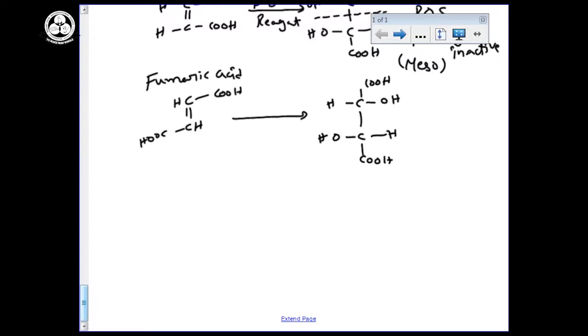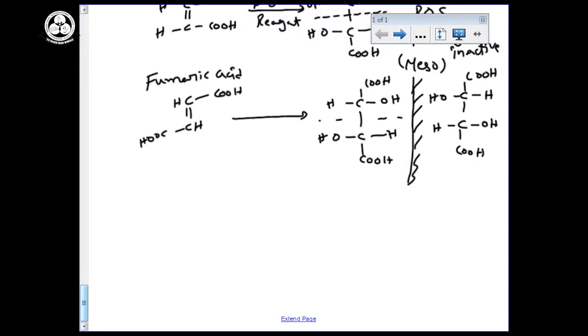Here a plane of symmetry is not possible. See, if I cut like this in the middle, the above and below parts are not the same. The above part has hydrogen on the left and OH on the right, and the below part has OH on the left and H on the right. So a mirror image is possible: C H OH COOH and this is C OH H COOH. So now these are non-superimposable mirror images, now enantiomers.